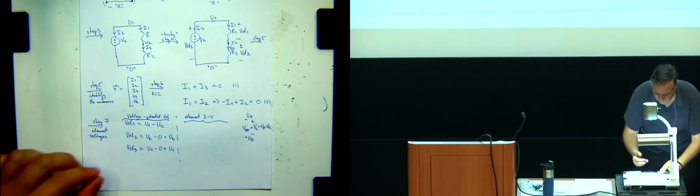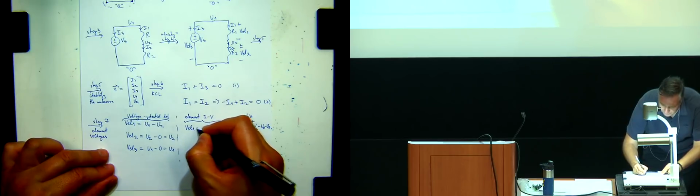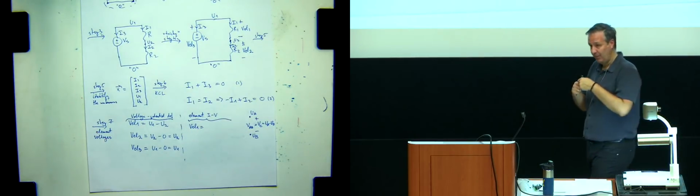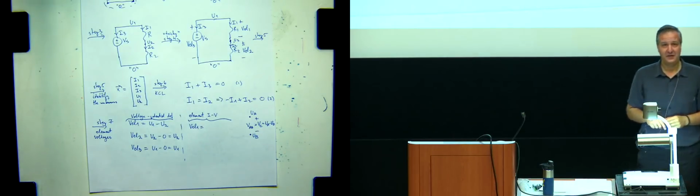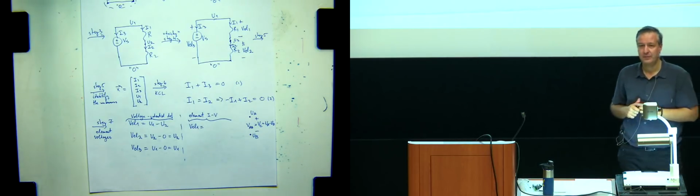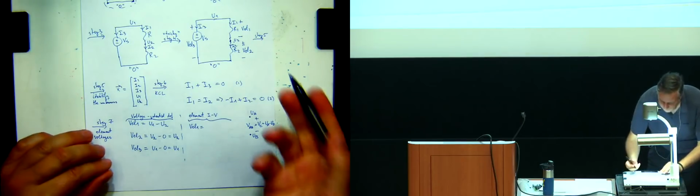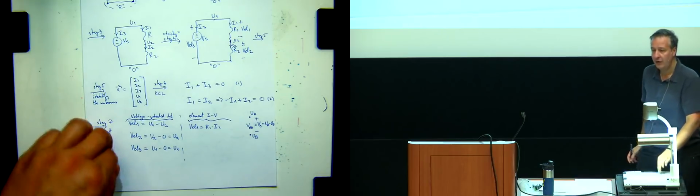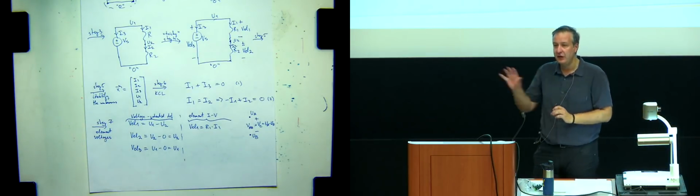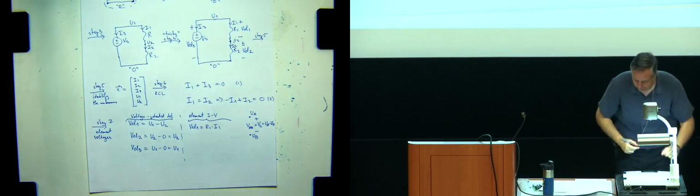Let's say for element 1, I can express V element 1 as the current of element 1 and something else, just a definition of the resistor as an element: R1 times I1. That's Ohm's law. So I just write that down.